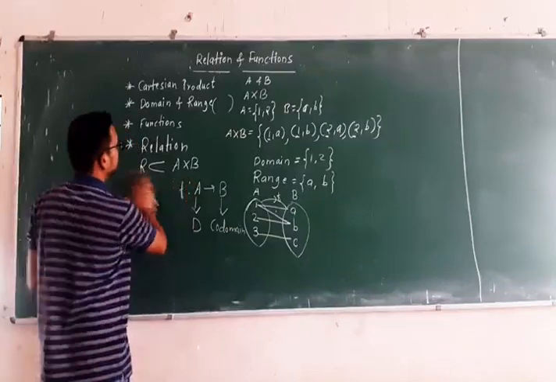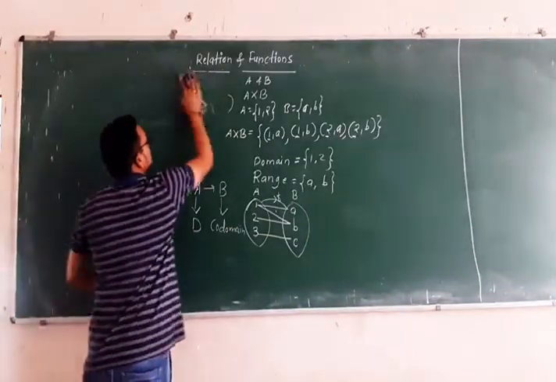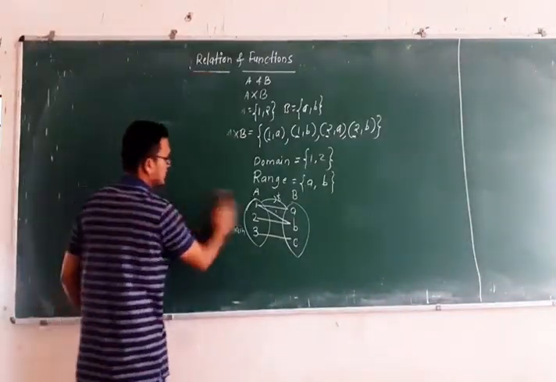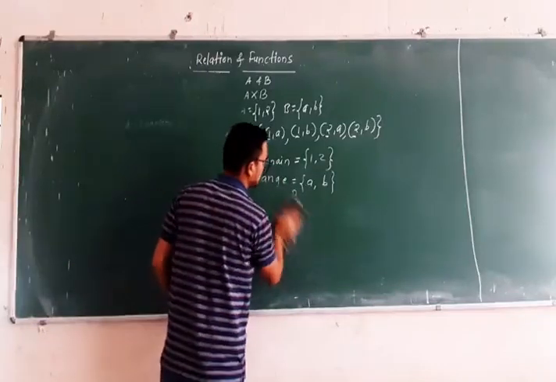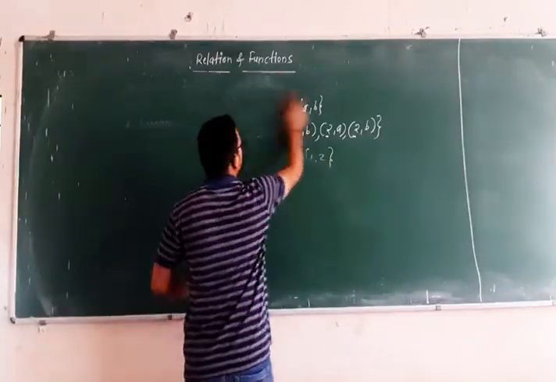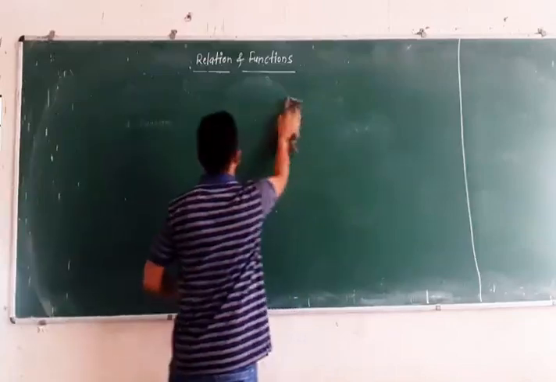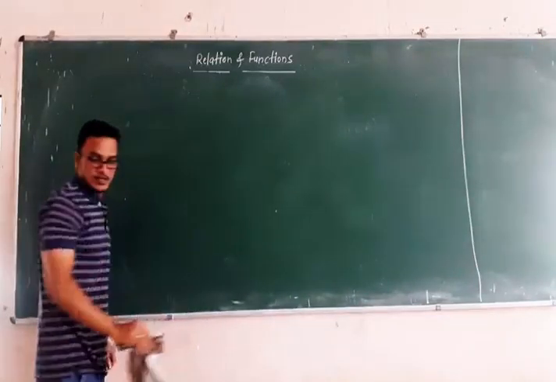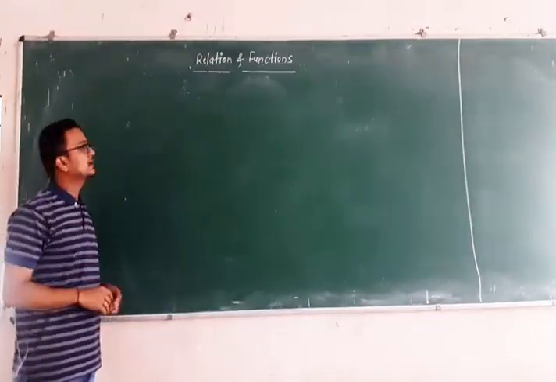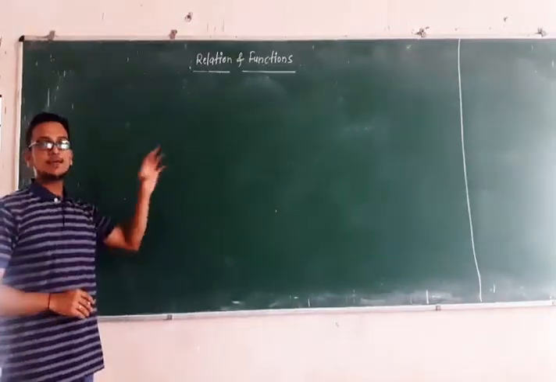As I have given the definition of relation, a relation is a subset of the Cartesian product. So I am not going to define that again. Then what are the types of relations?